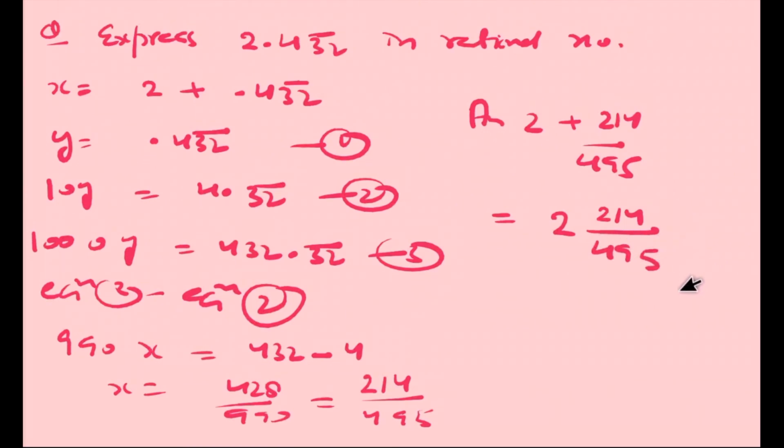This is your answer. If the question gives a negative, write the answer negative only, nothing to change. If it is given positive, then your answer is positive. So this way you can find your recurring number in fraction form.